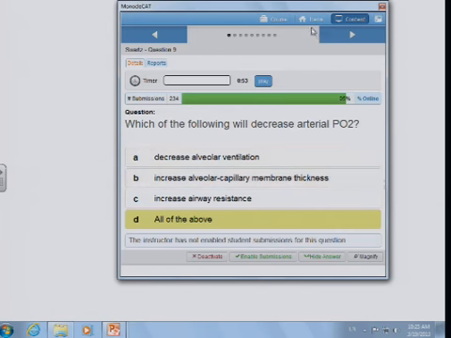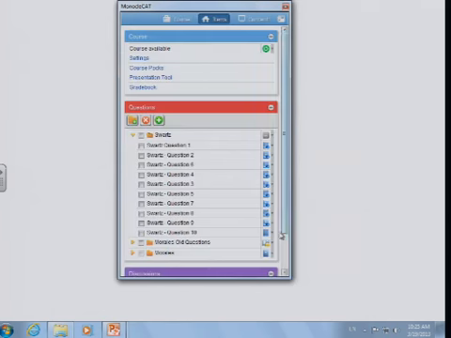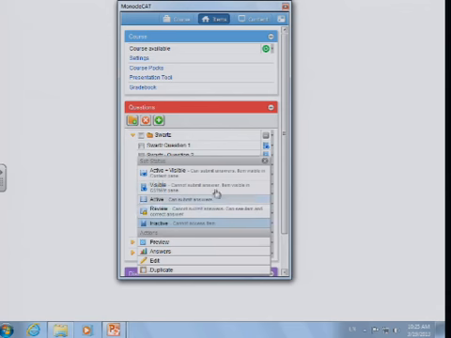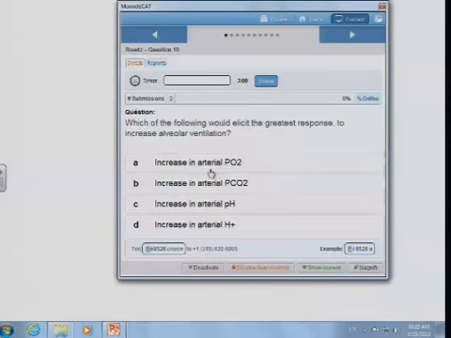We have one more question. Which of the following would elicit the greatest response to increase alveolar ventilation? In other words, what's going to cause us to increase alveolar ventilation most?